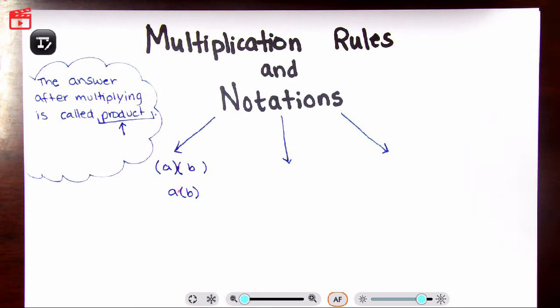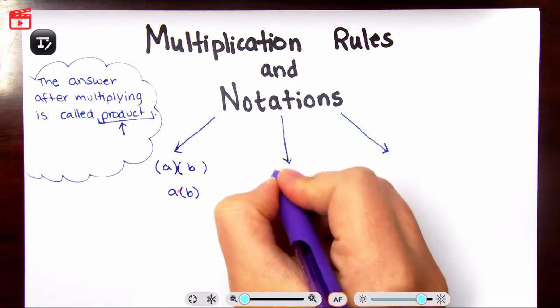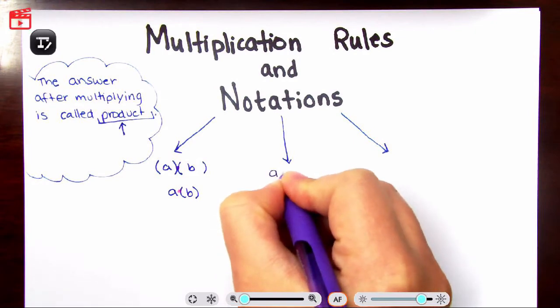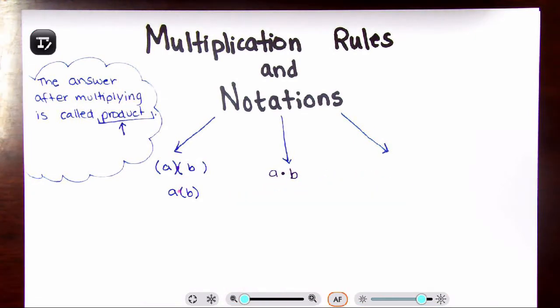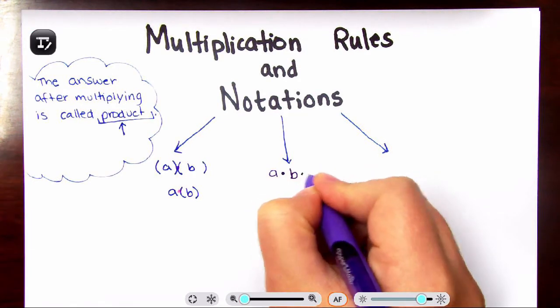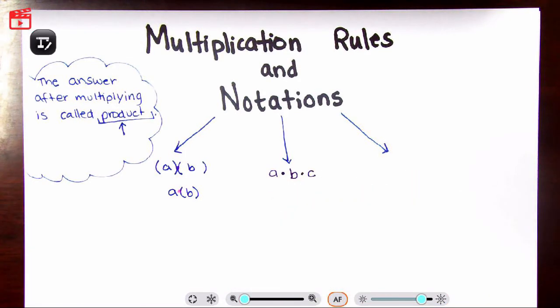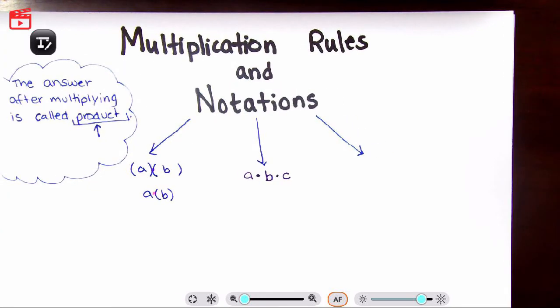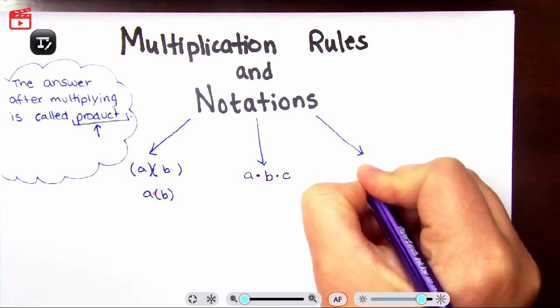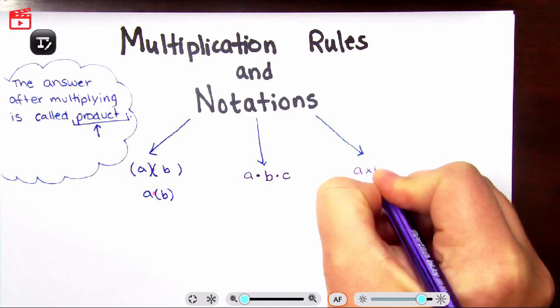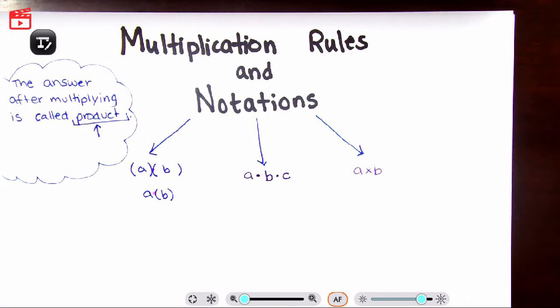Speaking of those dots, the other way that someone can ask you to multiply is by putting a dot in between. It can be more than two numbers, three numbers, four numbers, but it's usually with a dot in between. And the third way, which I'm sure everyone knows because it is taught in grade school, looks like this with an X. We are not going to be using this method because we are getting ready for algebra.